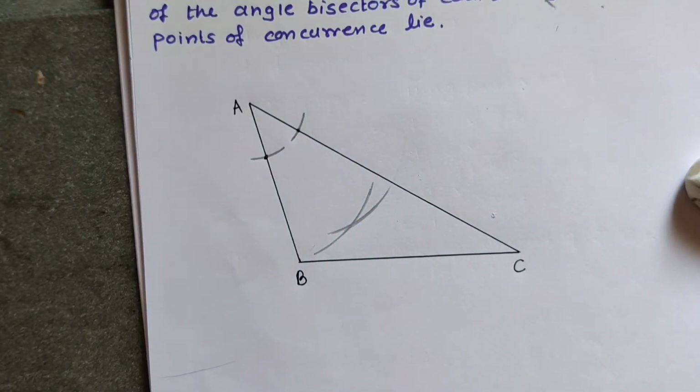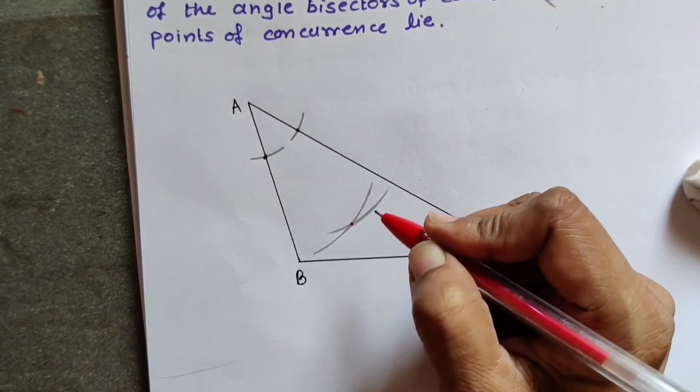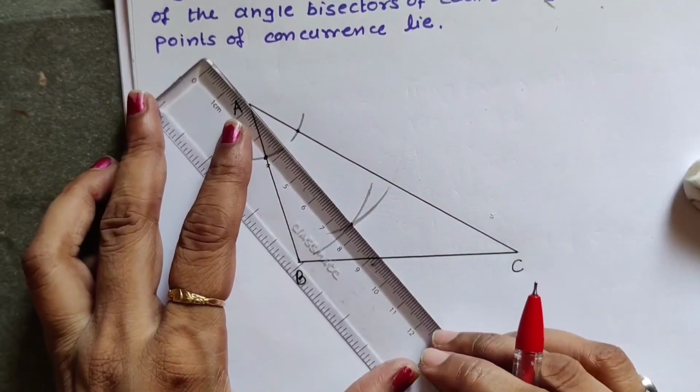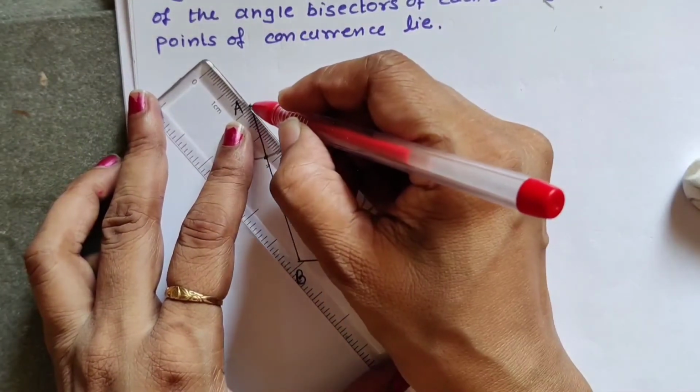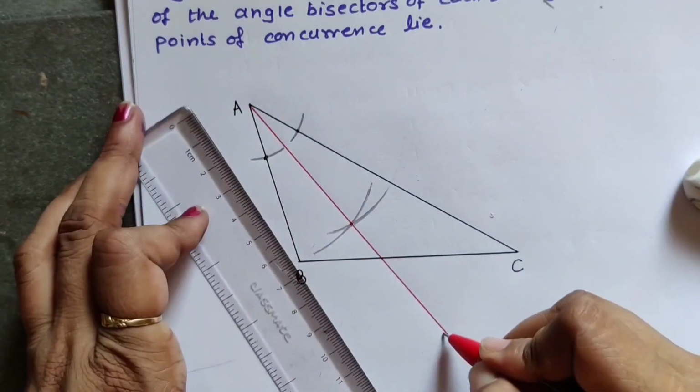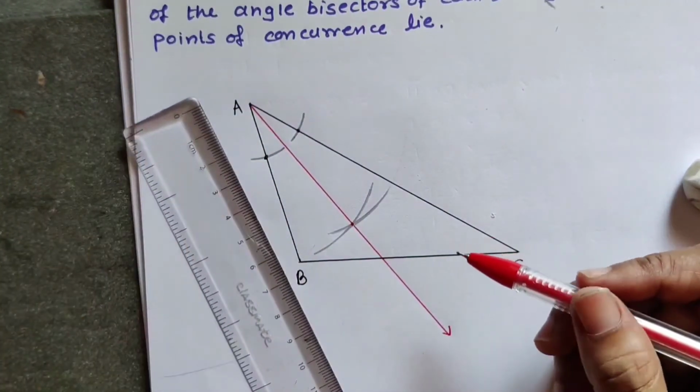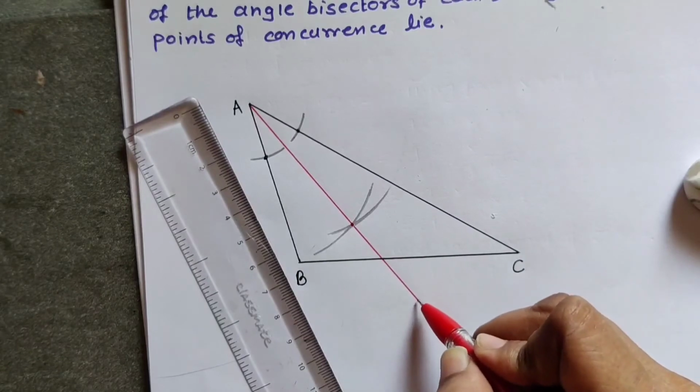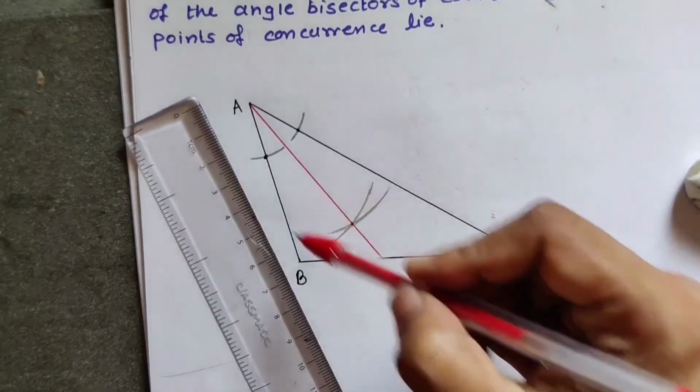Now I am going to join this point with vertex A. Let me use my other pen so the angle bisector is visible properly to you all. So this is my point of intersection, and in this way I can join it to vertex A, and this is my first bisector. I can give any name, maybe P here. AP is the bisector of angle A.